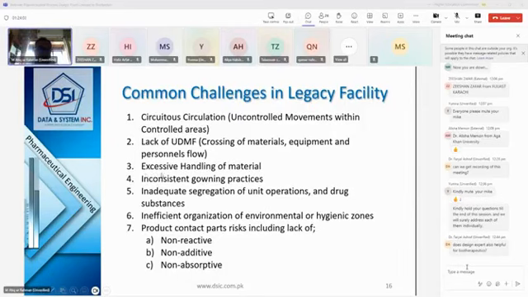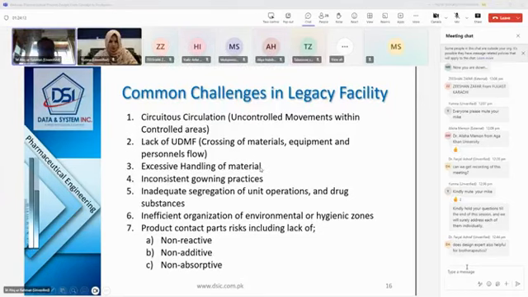Number three, excessive handling of material, unnecessary handling of material, which gives you unnecessary cost and GMP burden, and the risk of product contamination. Inconsistent gowning practices. In some companies, there are very poor gowning practices.